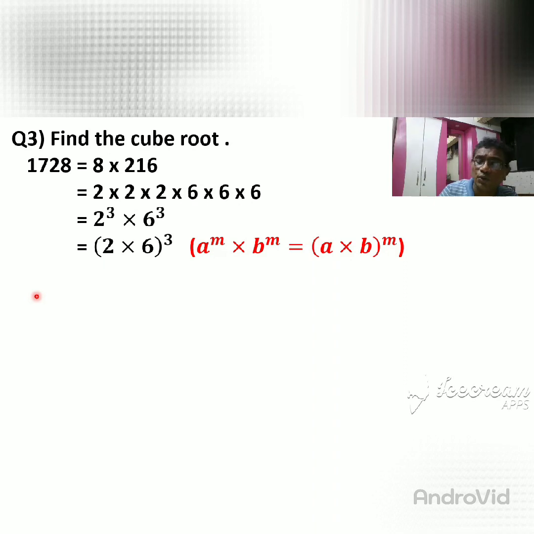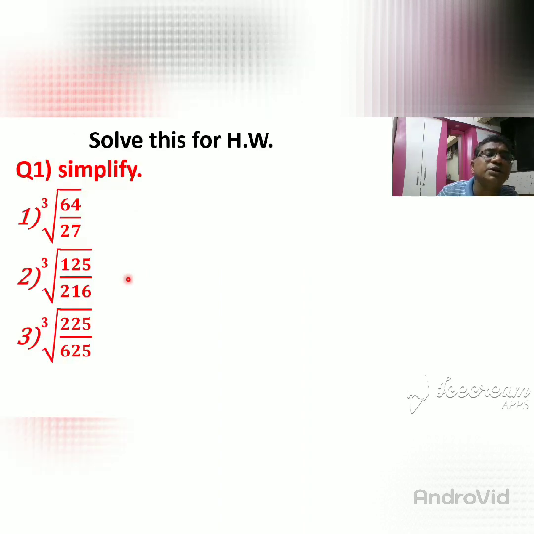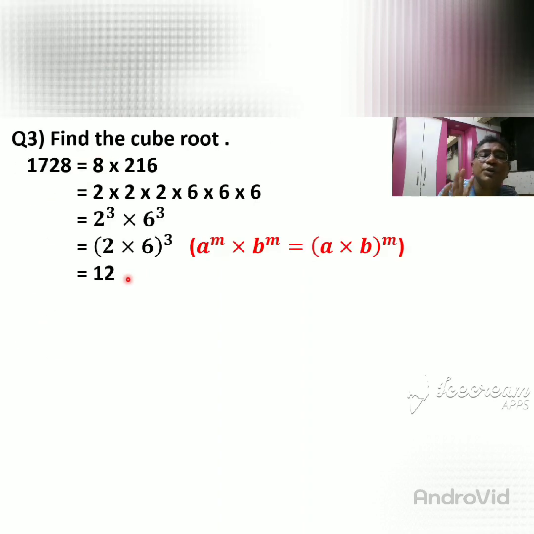We want to find the cube root of this, so these 3s can be cancelled. Because we want the cube root, we take 2 and 6 a single time, not 3 times. So 2 into 6, what do you get? 12. So the cube root of 1728 is equal to 12.